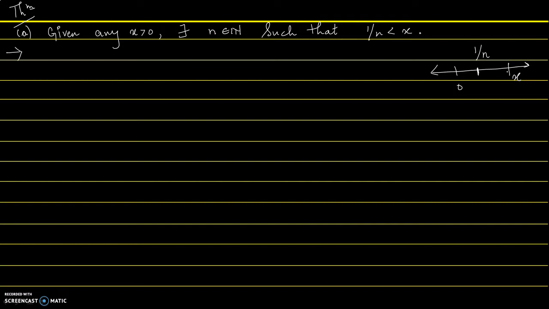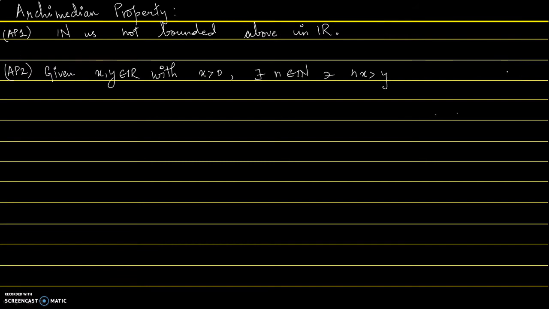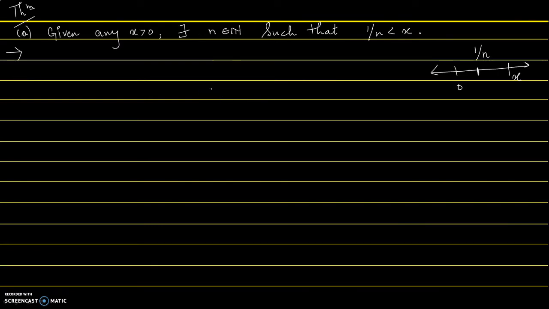All right, so let's start. If you compare with the second form of the Archimedean property, it says given any x, y in R with x positive, there exists a natural number n such that nx is bigger than y. Here x is positive, and that's our requirement in this theorem as well.